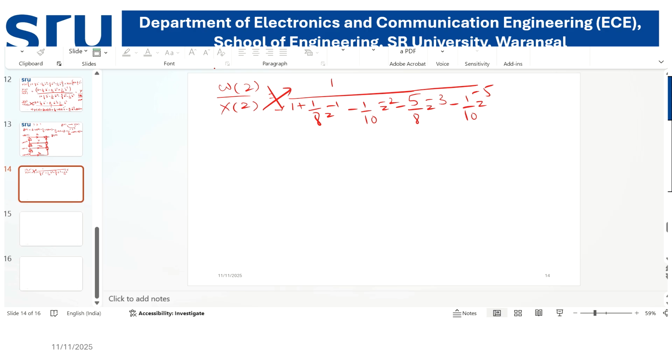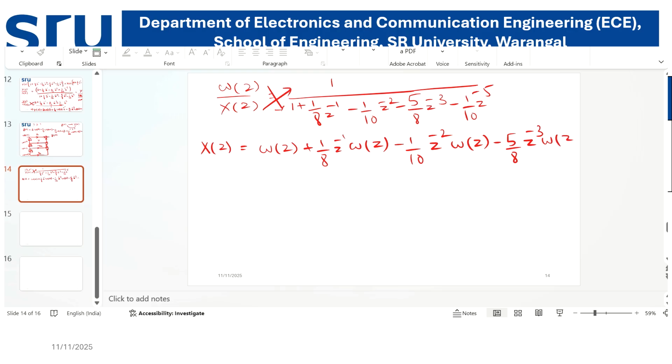If you are cross multiplying, x of z is equal to w of z plus 1 by 8 z power minus 1 into w of z minus 1 by 10 z power minus 2 into w of z minus 5 by 8 z power minus 3 into w of z minus 1 by 10 z power minus 5 into w of z. Now apply the inverse z transform on both sides.